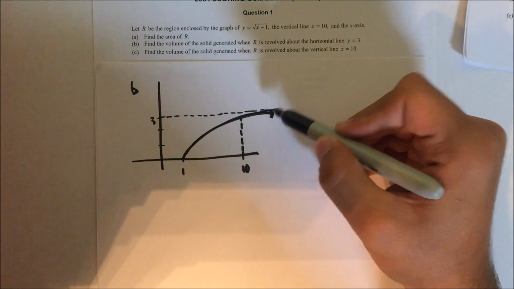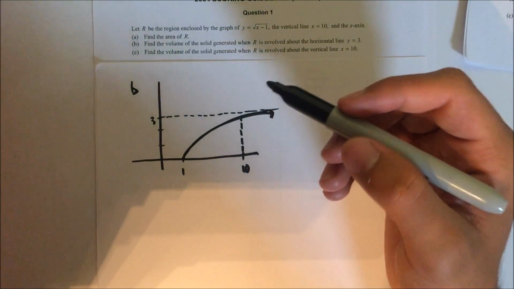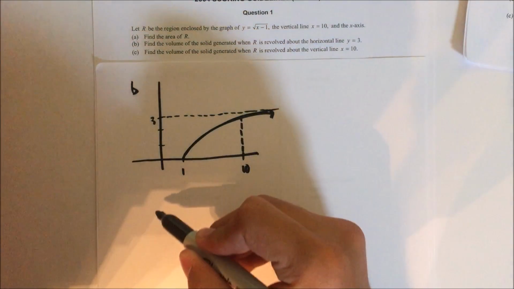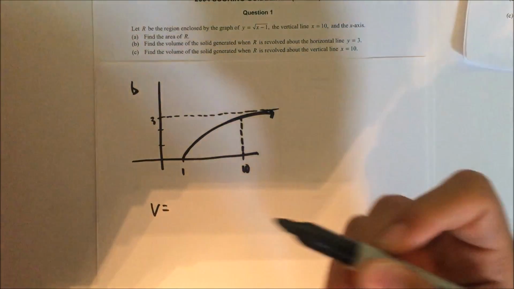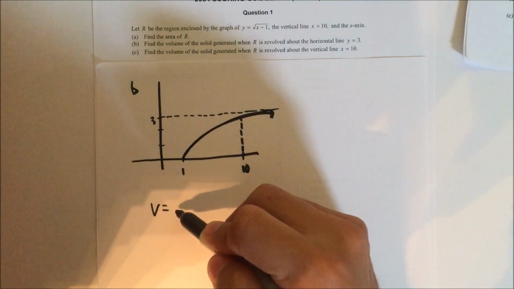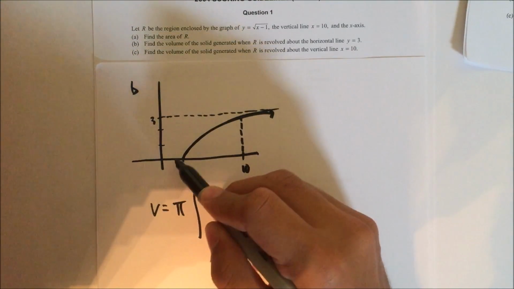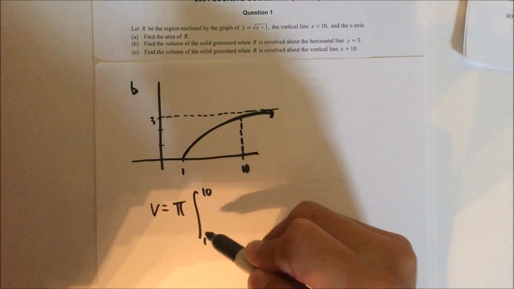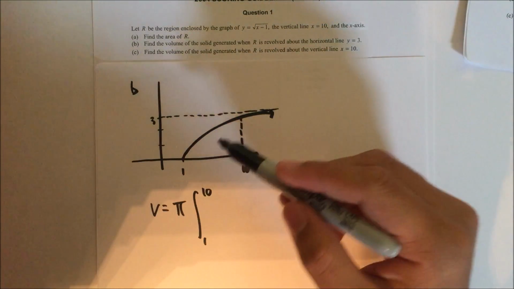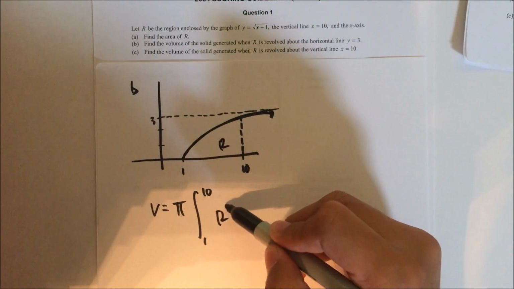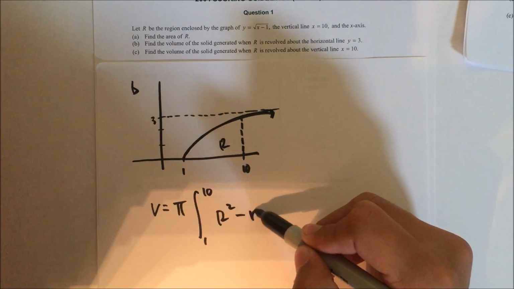Okay, now to find the volume, we have to set the equation to pi times the integral from 1 to 10. And doing this, we have to find the big R squared minus little r squared.